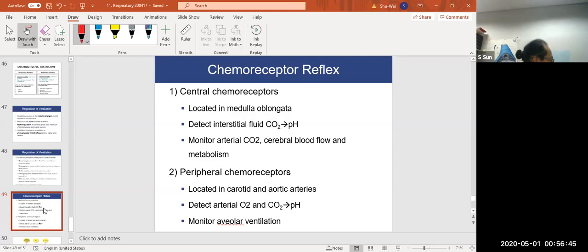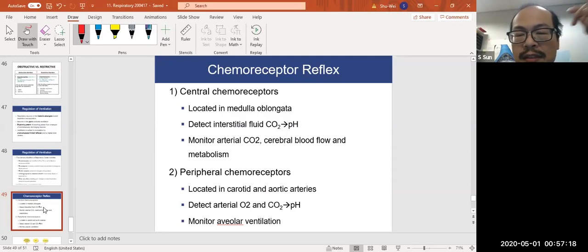Let me check on this one very quickly. There are two chemicals that affect our ventilation, and they can be detected by the chemoreceptor. These two chemicals are CO2 and O2. Our body has two types of chemoreceptor.